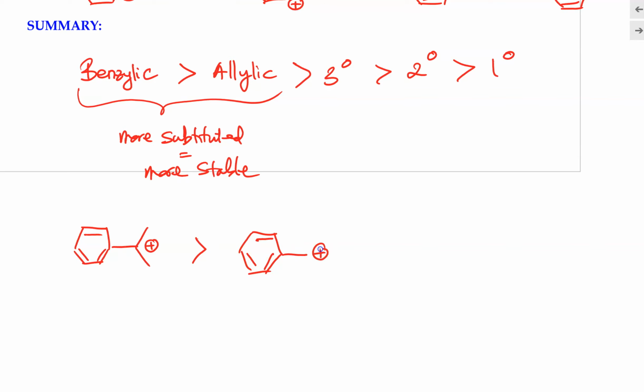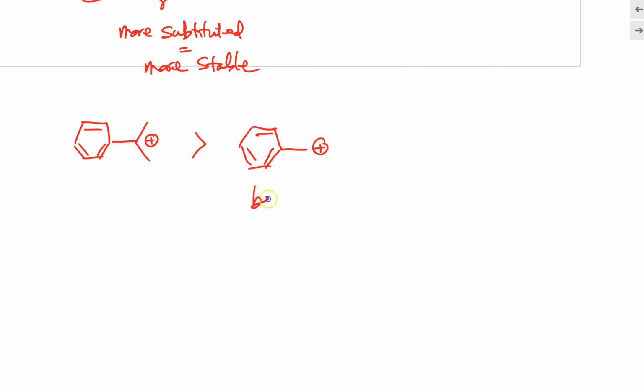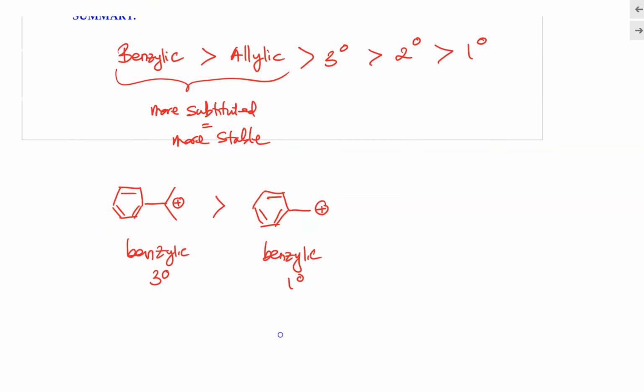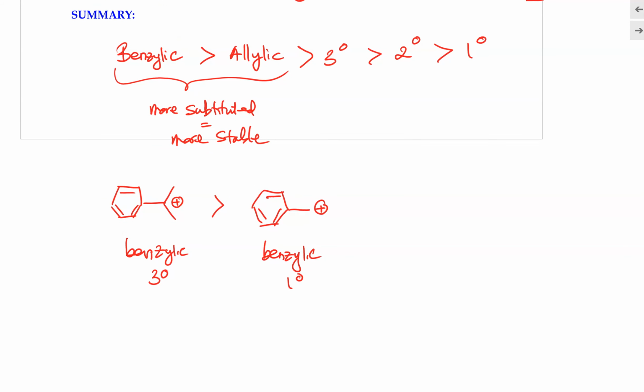So this is benzylic and primary, versus this is benzylic and tertiary. The more substituted they are, the more stable they will be. That also applies to benzylic and allylic carbocations.